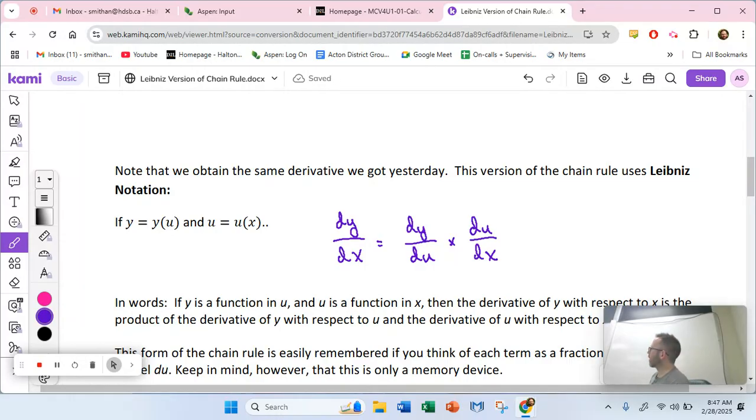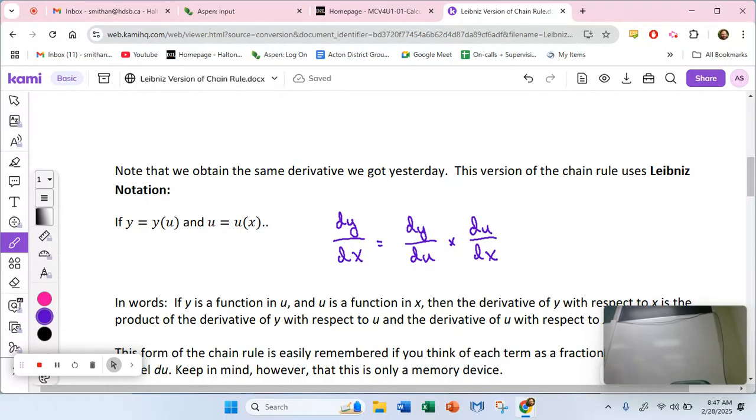Do you see how it kind of forms a chain? You can almost think of it as the du's dividing out to 1, and you're left with dy by dx. This is why it's called the chain rule, because you can form a chain of derivatives. So this is essentially what we did yesterday, but just using Leibniz notation.